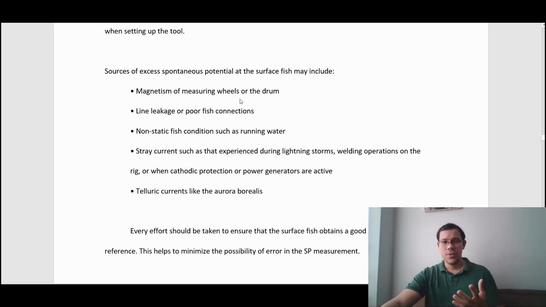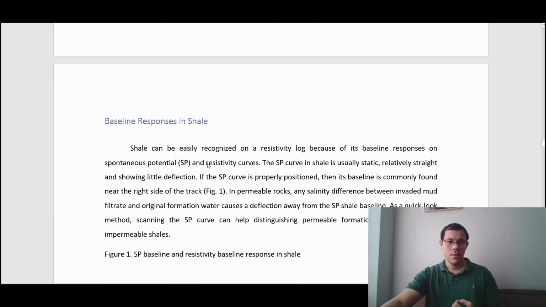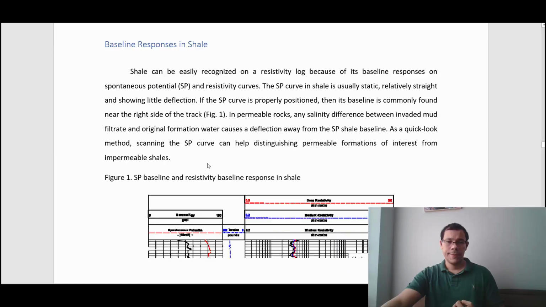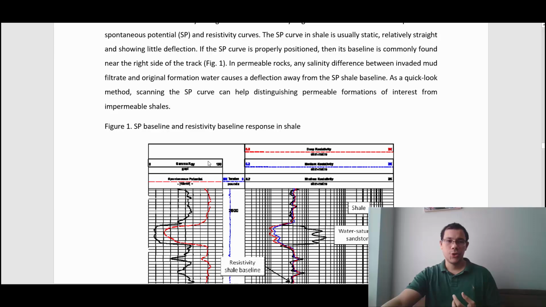Magnetism of the measuring wheel or the wireline drum. If you are familiar with what a measuring wheel is, this is the device that is used for measuring depth and tension in wireline units. So keep in mind that might be an issue.